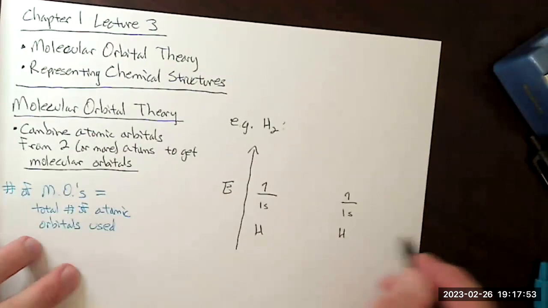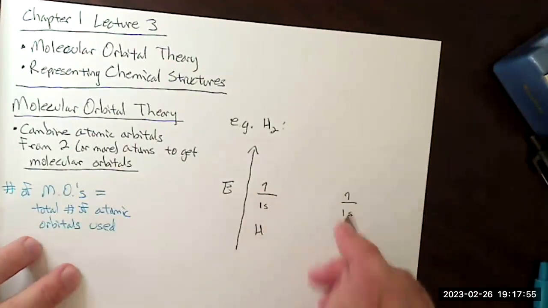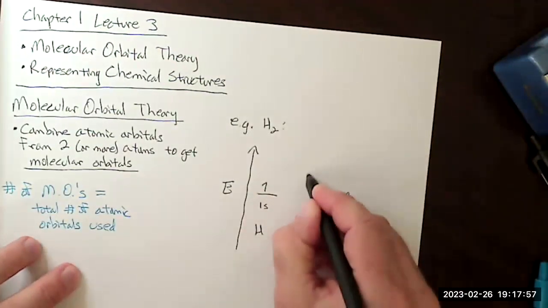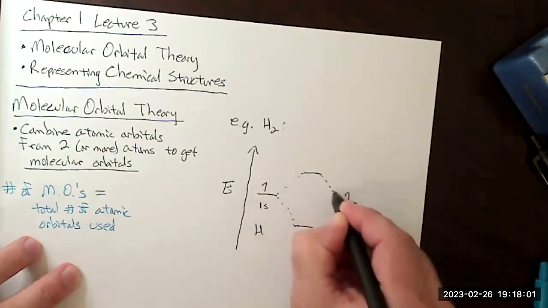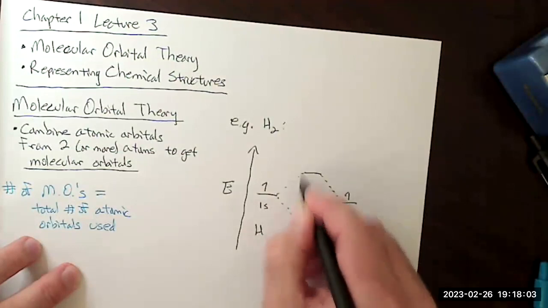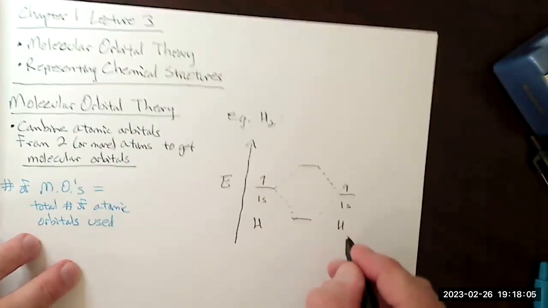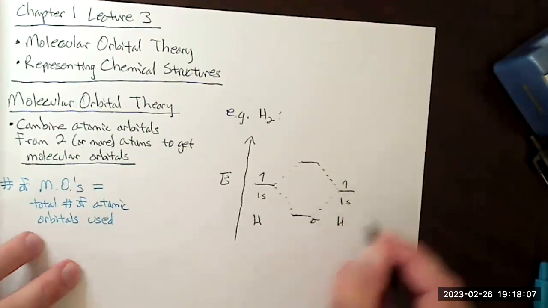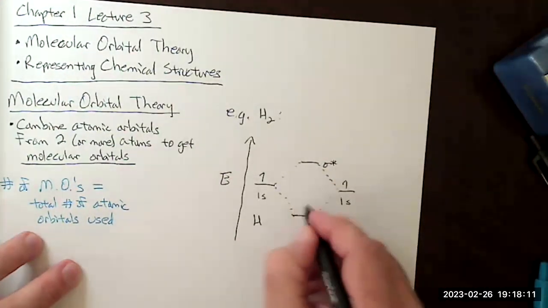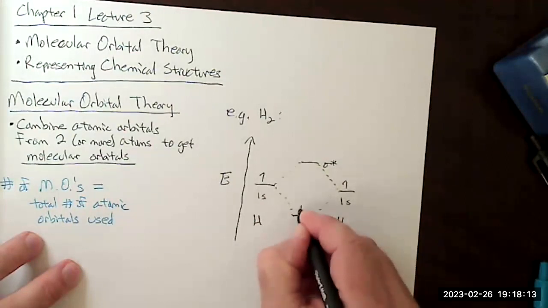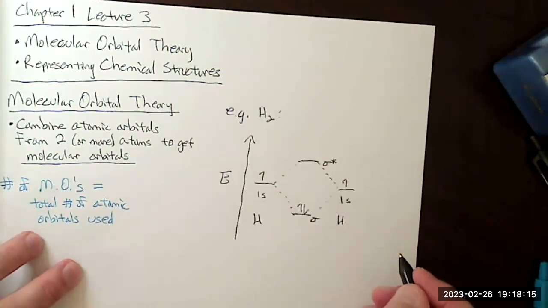And when we combine them, our two atomic orbitals give two new molecular orbitals. They're going to be symmetric here, in that they're both the same distance from our zero energy. We'll call these sigma for the lower energy and sigma star for the higher energy. And we have two electrons, so we'll go ahead and put those in.